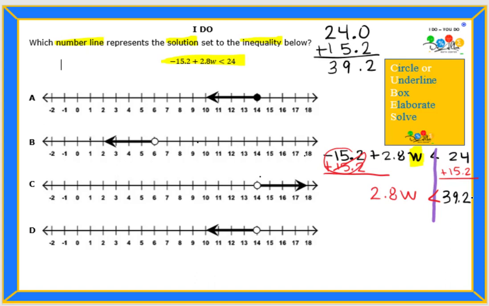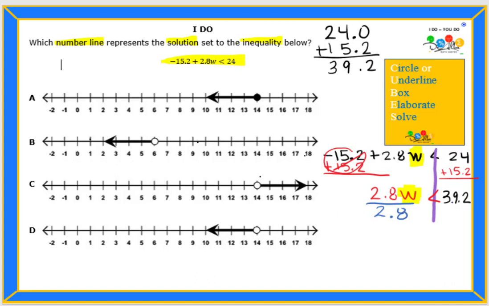And so now we have 2.8w is less than 39.2. So now we are on our second step, and we are still trying to isolate this w, or this variable, and we see that it's being multiplied by 2.8. So the opposite, or the inverse operation of multiplying by 2.8, absolutely, we need to divide by 2.8.